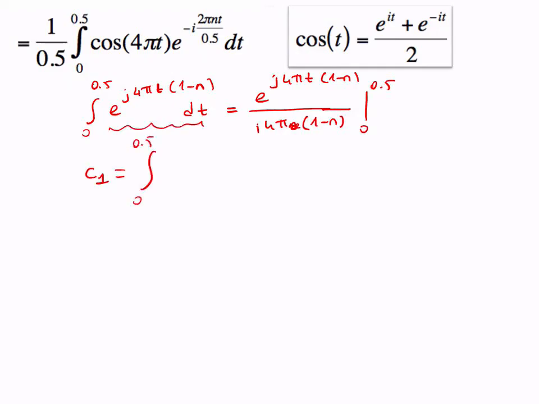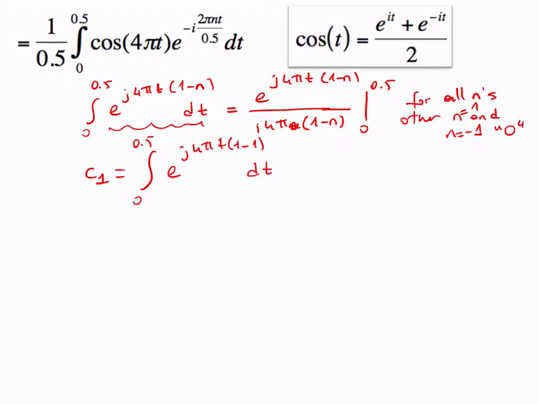Okay, so for n equals 1, for C1, I'm going to be directly dealing with this one. We said that for all n's other than 1 and minus 1, they were all equal to 0. But for this one, I'm going to put e to the power j 4 pi t 1 minus 1.